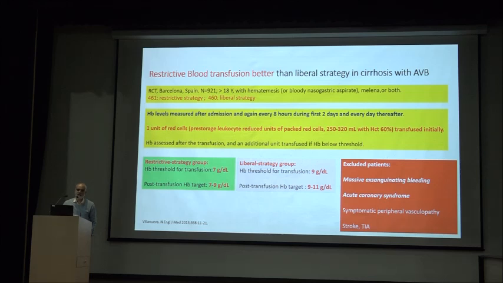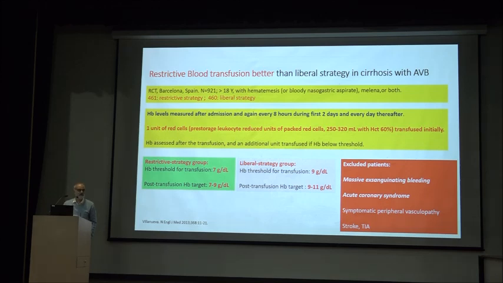HB levels were measured after admission and again every 8 hours during the first 2 days and then daily thereafter. One unit of packed RBC was transfused initially, and then HB was assessed after transfusion and further units were transfused if hemoglobin was below the threshold. In the restrictive strategy group, the threshold for transfusion was 7 gram per deciliter and the HB target post transfusion was 7 to 9.